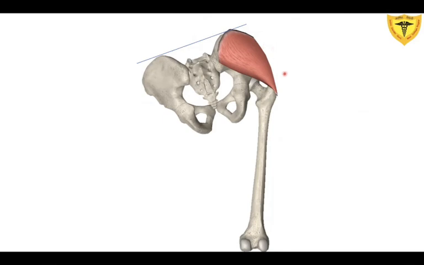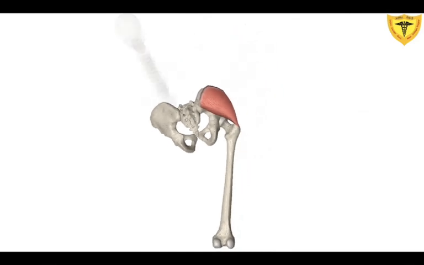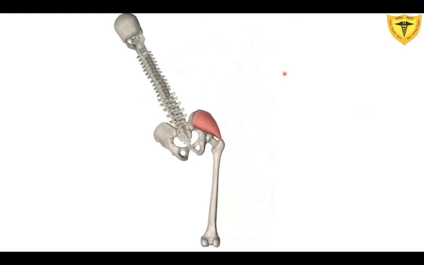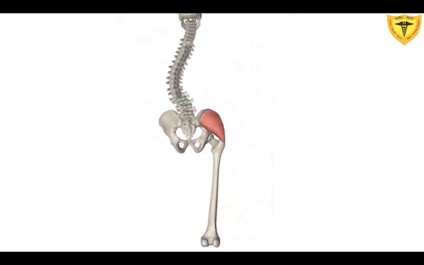And the characteristic gait in such patients is called as lurching gait, where while walking the trunk tilts to the affected side. And if this defect is bilateral, it is called as waddling gait.